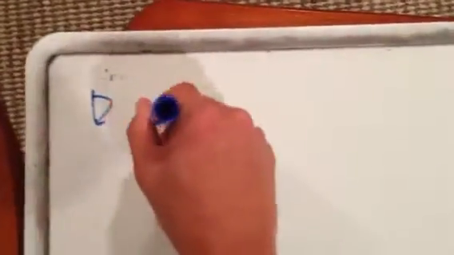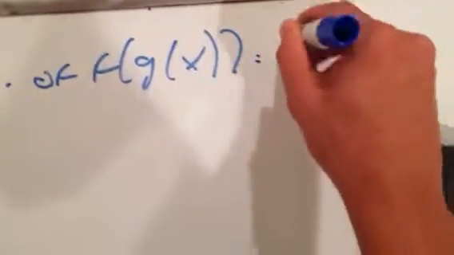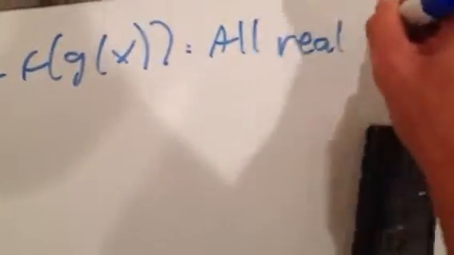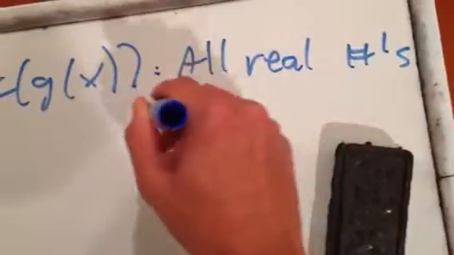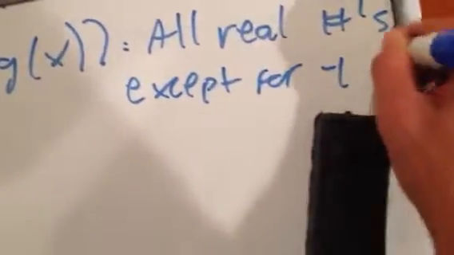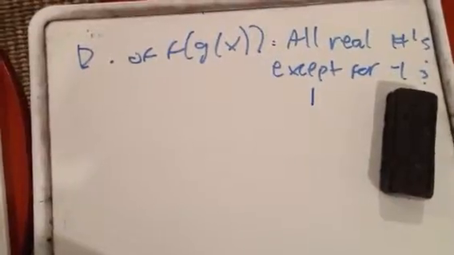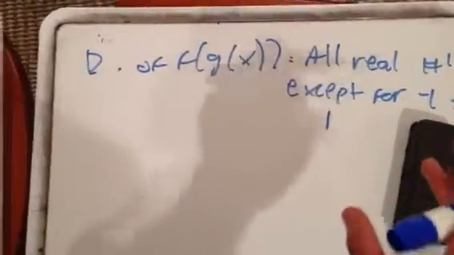I'm going to erase this, but at the top here I'm going to say that the domain of f of g of x is, like we just said, all real numbers except for negative 1 and 1. And once we obtain an answer for our composite function after simplifying it, we will see whether this domain fits what we have, which it should.